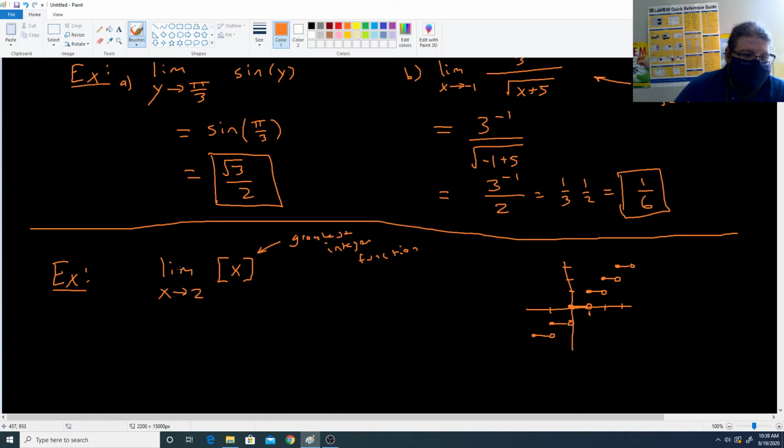Well, the problem is limit as x approaches 2, that is here, and we're not continuous there. We have a jump discontinuity. So we can't use the substitution method because there's a jump discontinuity.